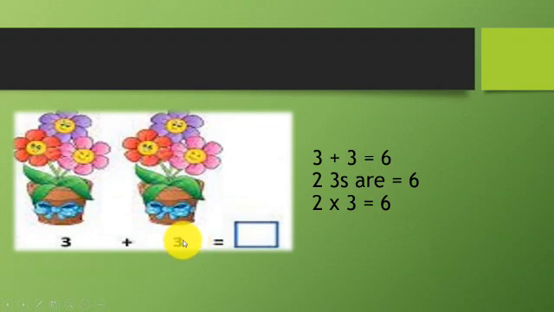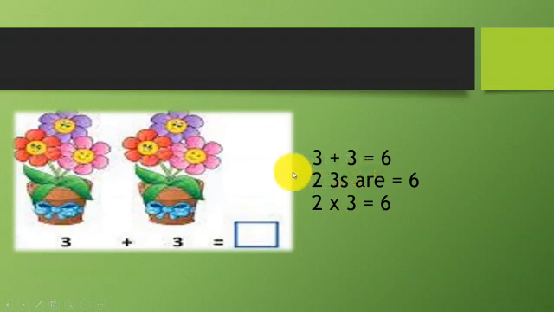Then there is another pot, 1 and 2 pots with 3 flowers each. 1, 2, 3, 1, 2, 3. We can add 3 plus 3 is equal to 6. Here 6 flowers in 2 pots.